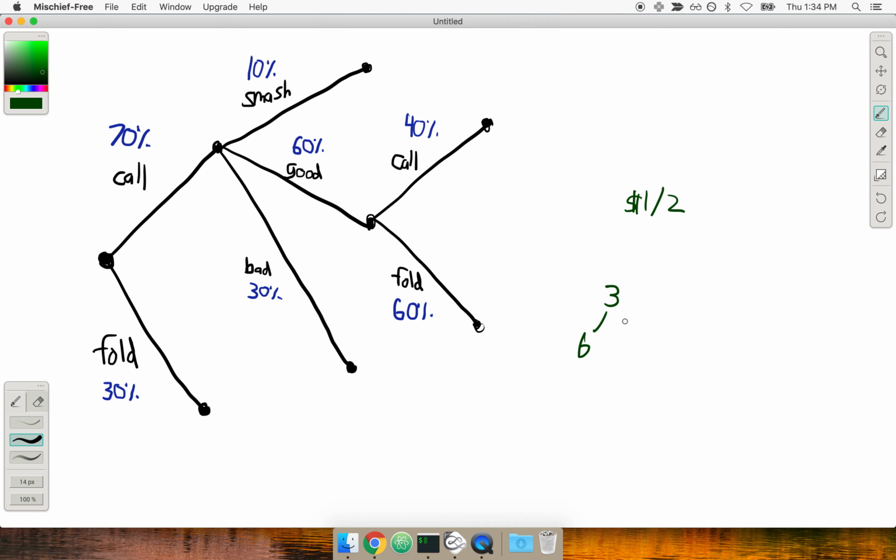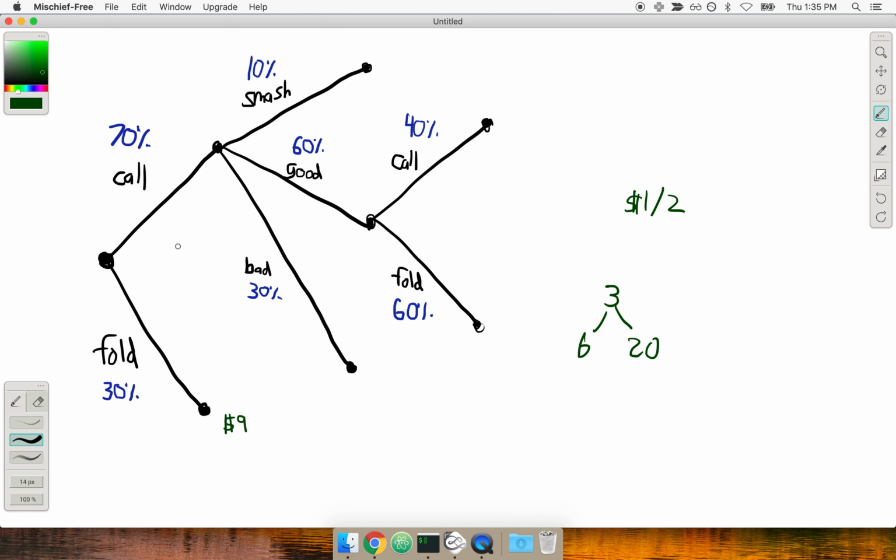And let's say that we 3-bet to 20. If we get an immediate fold, we're going to win the $3 that were initially in the pot, plus the 6 that they put in. So here, we're going to write in $9. That's how much we're going to win if we get an immediate fold.